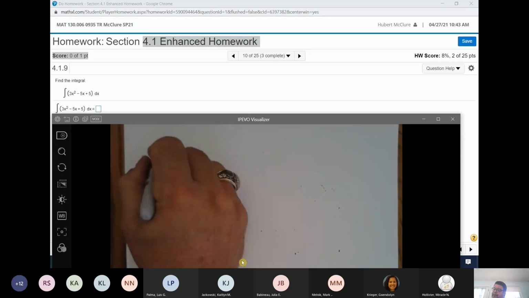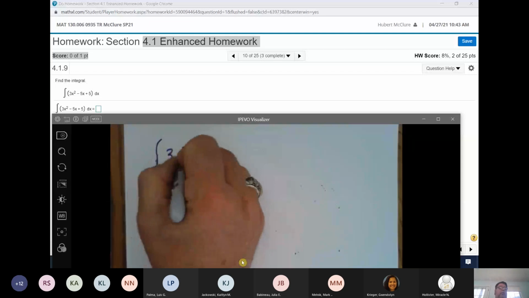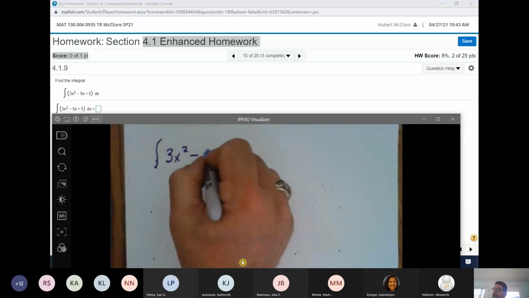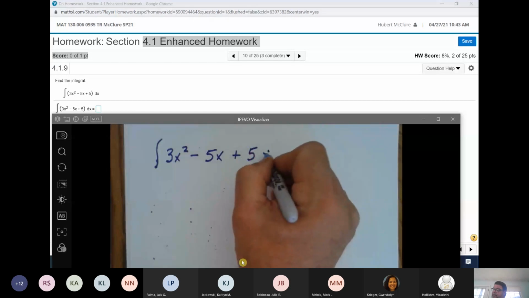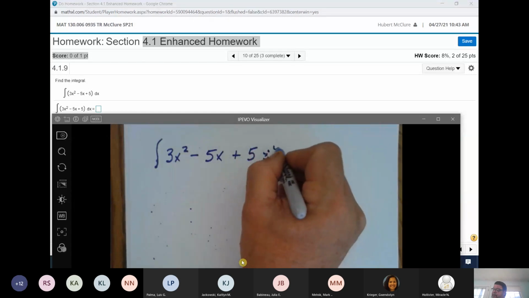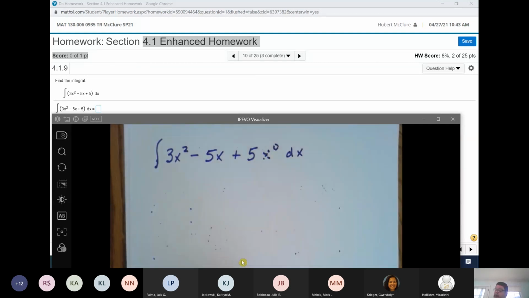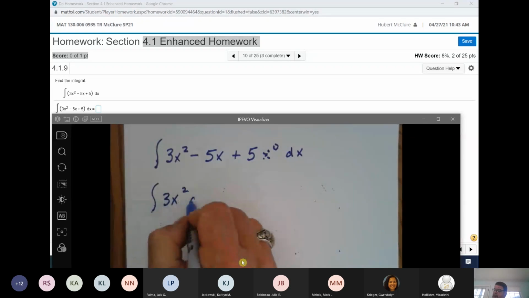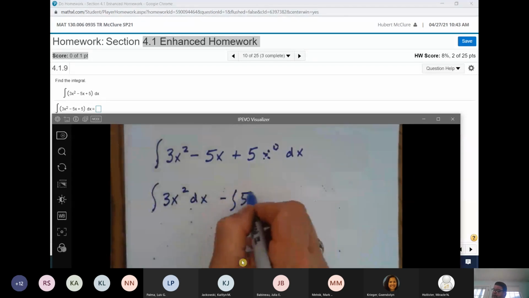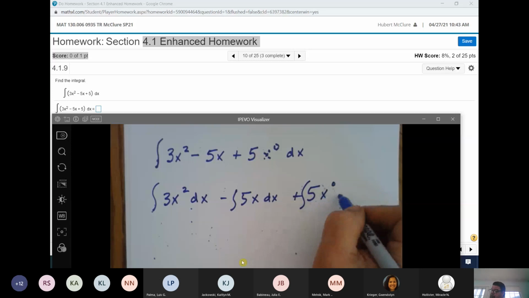Antiderivative of 3x squared minus 5x plus 5. And that's going to be the antiderivative of 3x squared dx minus 5x dx plus 5x to the 0 dx.